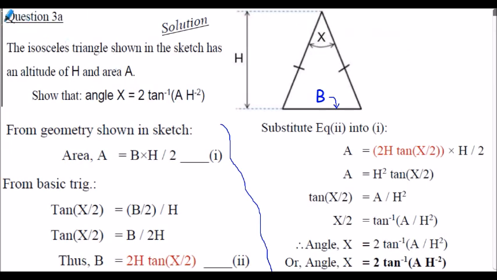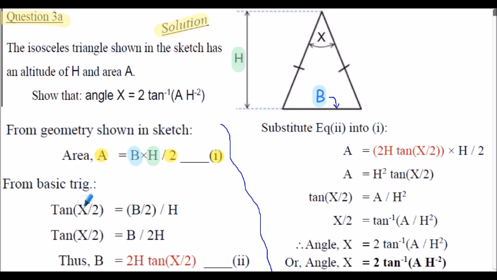So question 3a, here's the solution. Initially, let's consider the formula for area of a triangle. That's the base b, labelled here on my diagram, multiplied by the altitude or the height of the triangle h, divided by 2. Call that equation 1.